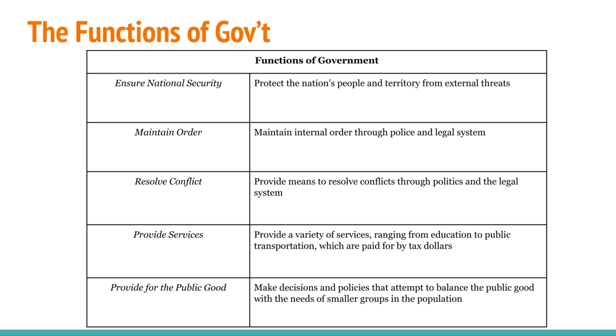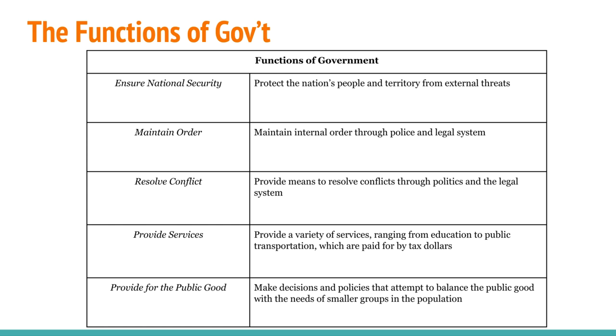In order to make sure that everything doesn't dissolve into chaos, the government has to find a way to resolve conflicts, whether between people or between groups of people. This is a critical component of the actual functions of government.